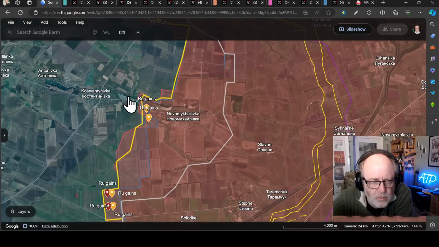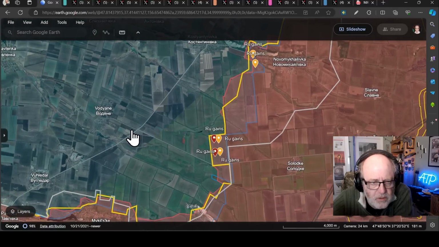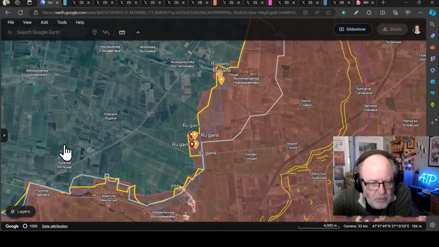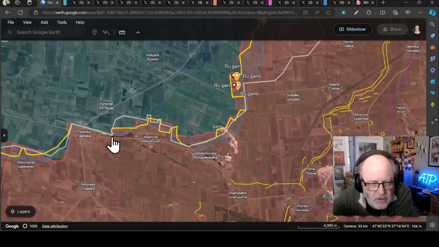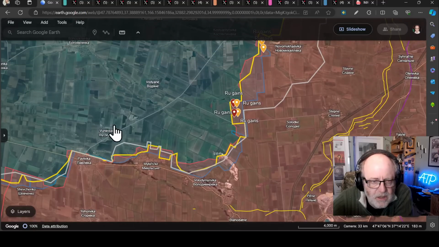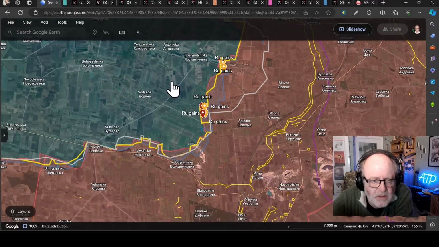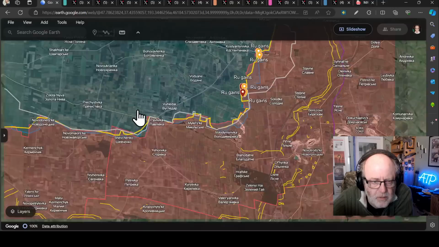This is where the Russians would like to get to, Konstantinivka, so they will have control over this road coming down past Vodyane to Vuhledar, and that will allow them to attack eventually Vuhledar from the north, because attacking it from the south has been incredibly painful for them. They've lost huge amounts of equipment in trying to do that. This is high ground here, and that high ground is on the same level as that sort of ground here, so the Russians see it as easier to attack Vuhledar from that direction rather than going uphill from the south where they have previously been stung.